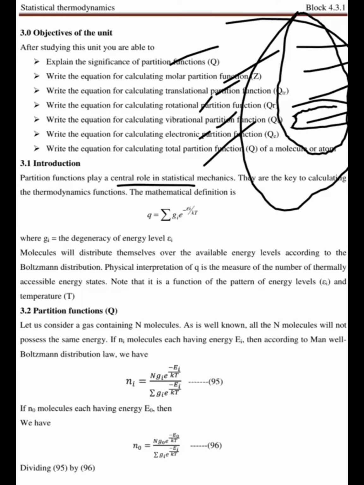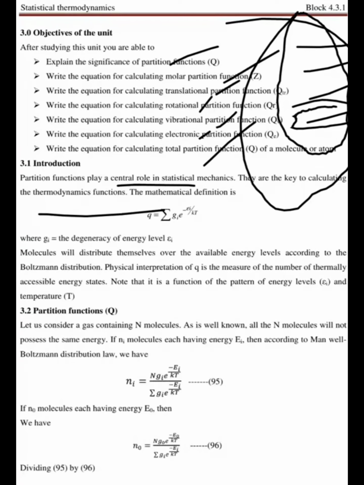The mathematical definition is given by Q is equal to the summation of Gi into e to the power of minus Ei by kT. Here Gi is the degeneracy of the energy level, Ei is the energy of the level, and T is the temperature.